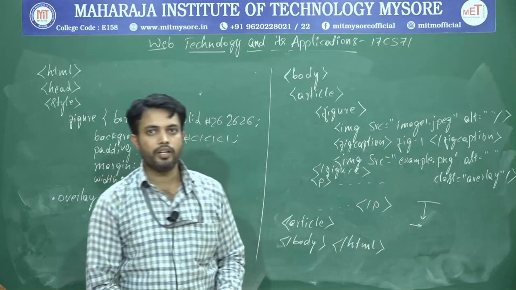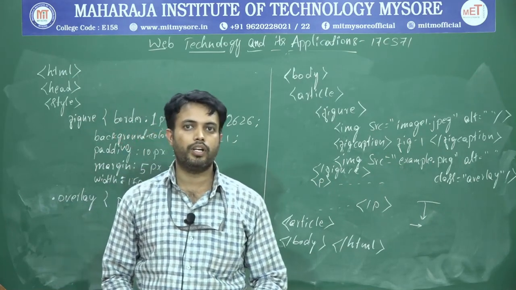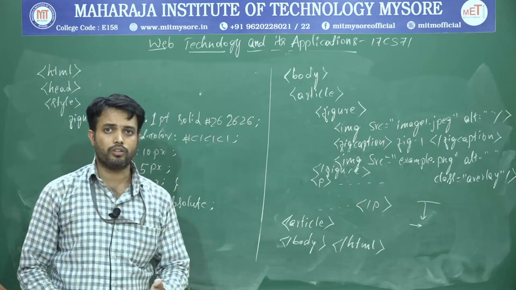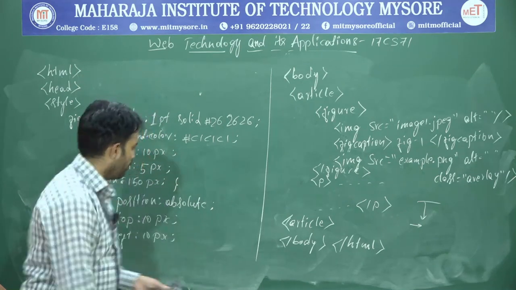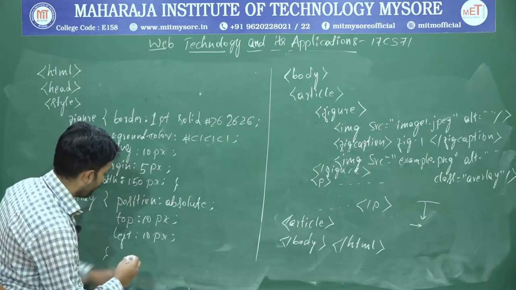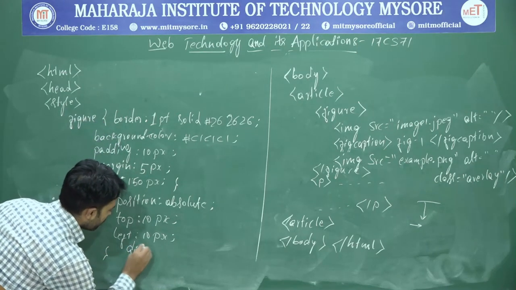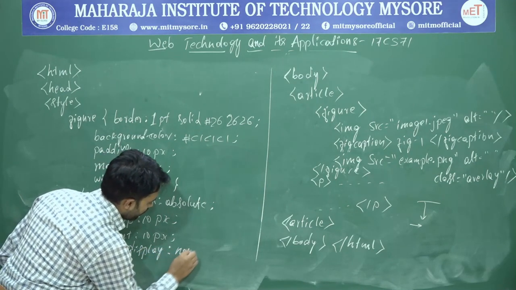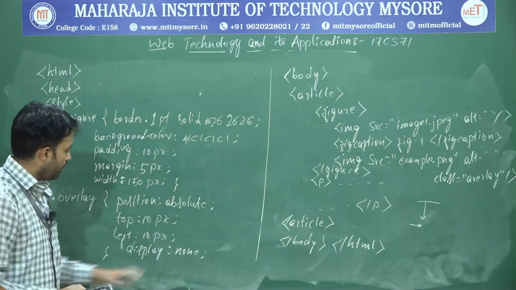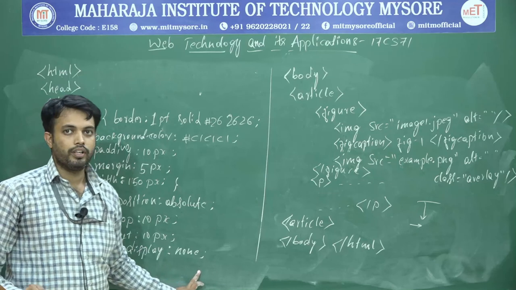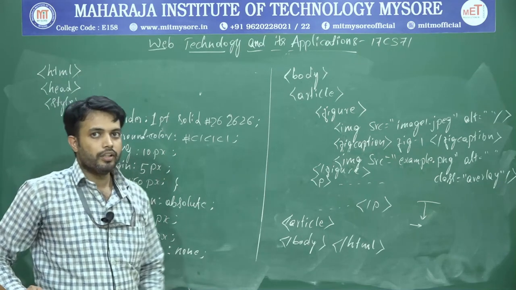So likewise we can overlap one image on top of another image, or one element on top of another element. Now I'll add one more property for this: display none. For this overlay, I am adding display equal to none.